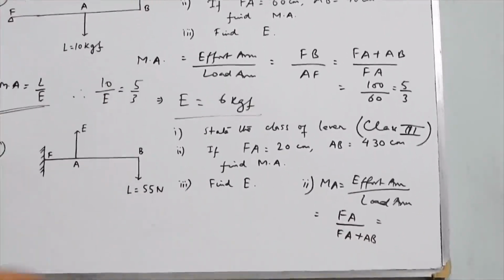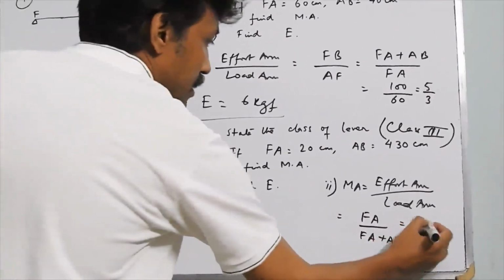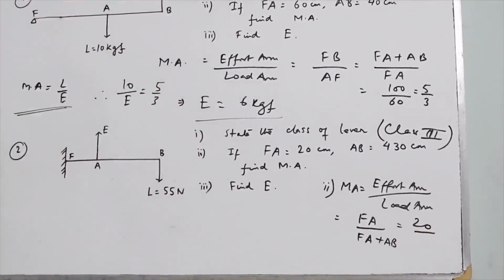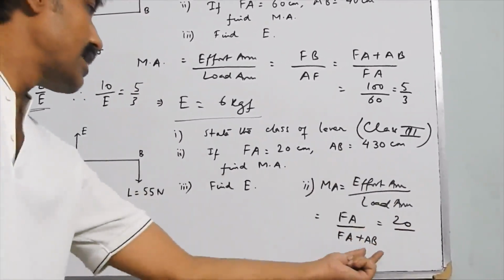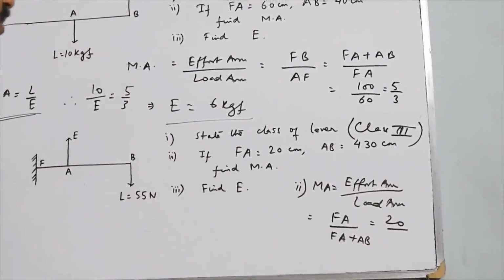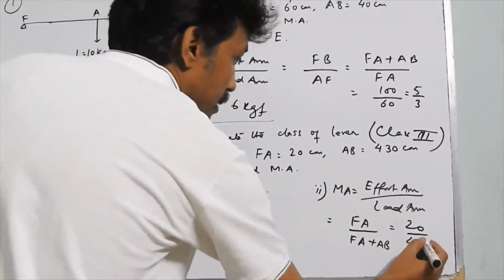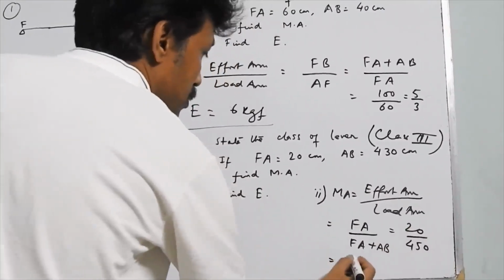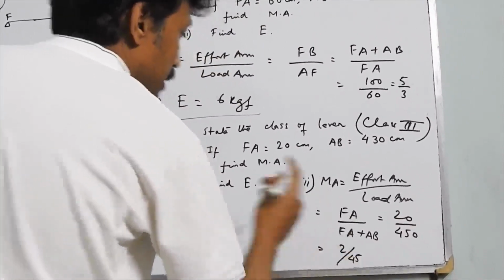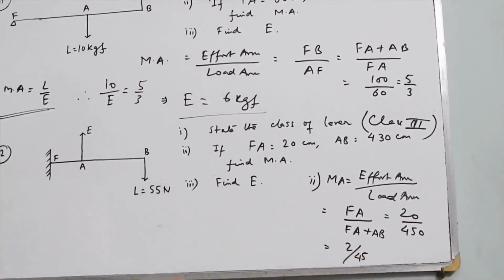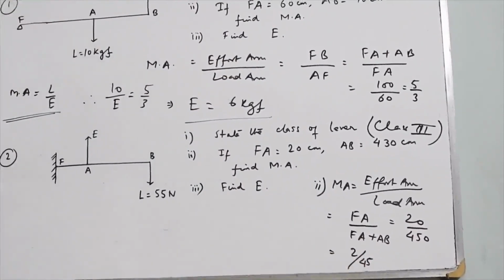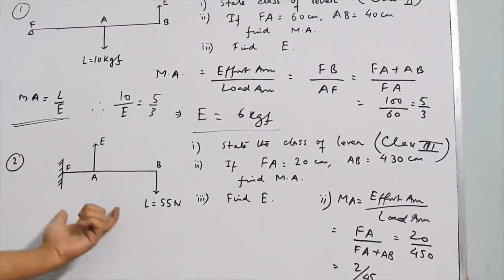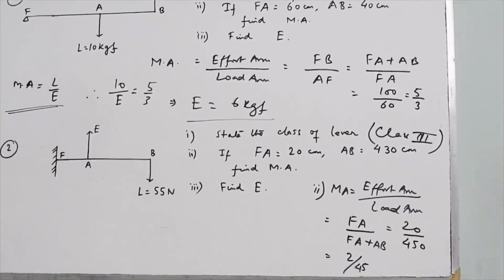So what is FA? FA is 20 centimeter and AB is 430. So AB 430 plus FA 20, this is 450. So that is 2 upon 45. So you see that mechanical advantage is definitely less than 1. So these are levers which are used to obtain gain in speed.